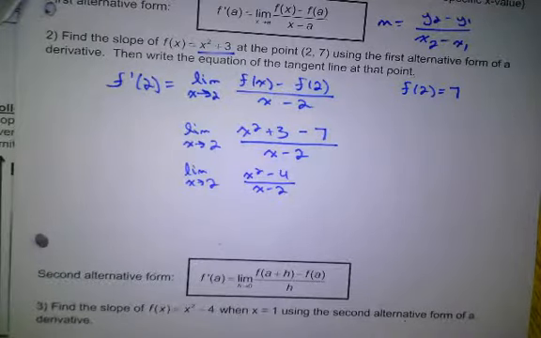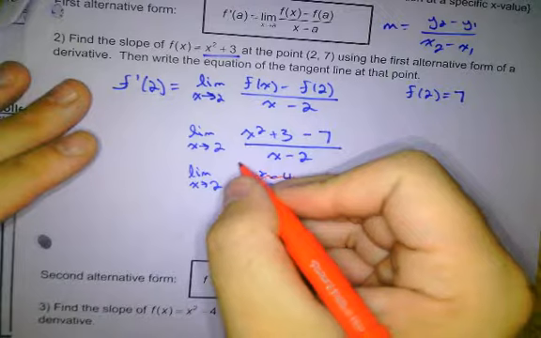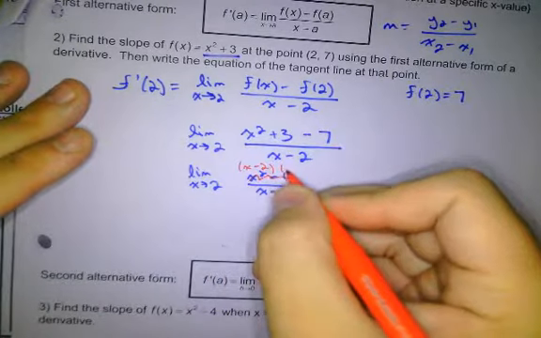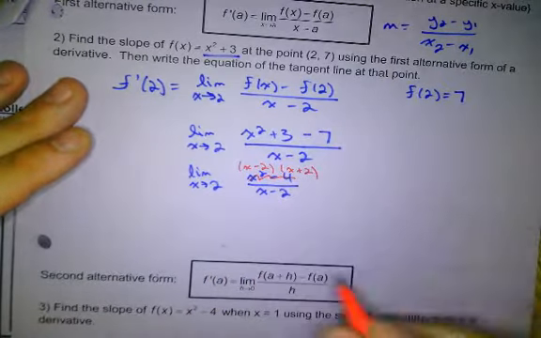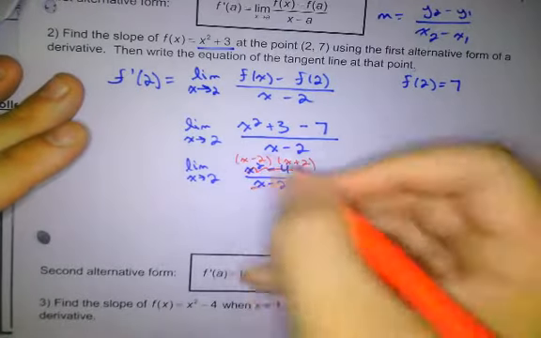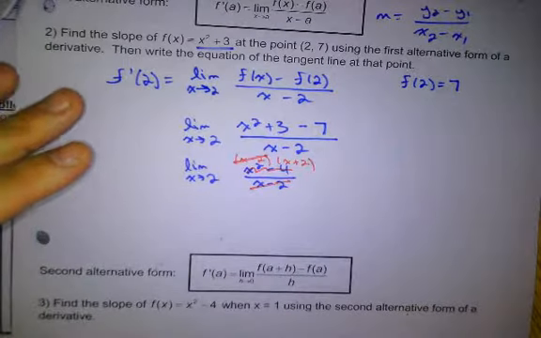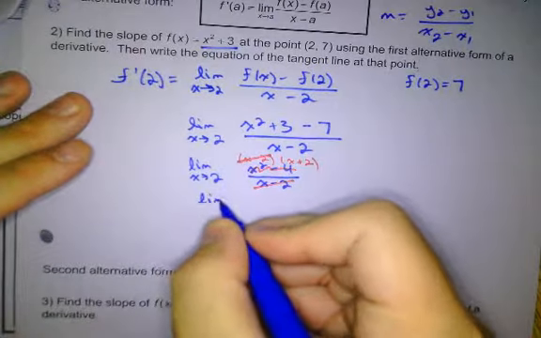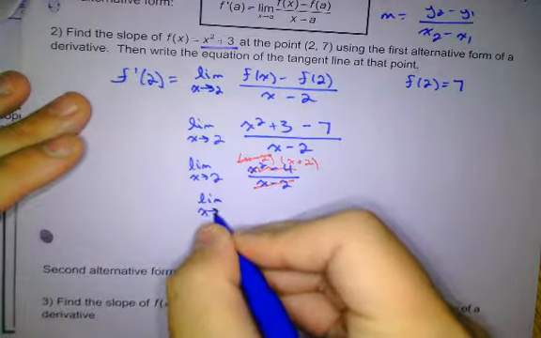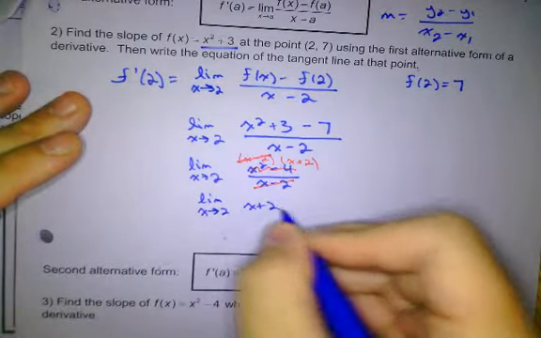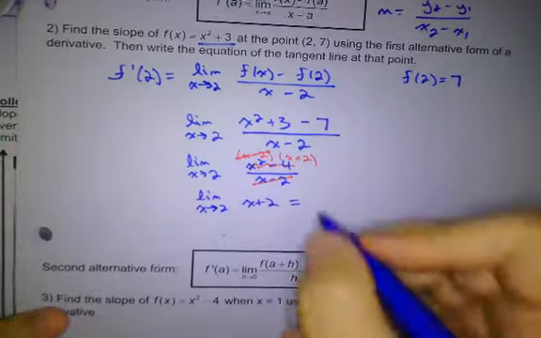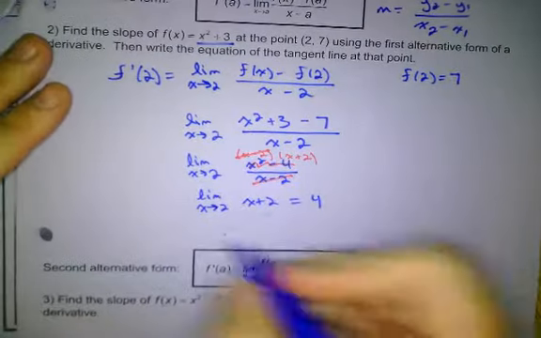Because I can't plug in a 2. What happens when I plug in a 2? You get 0 over 0. That's not cool. So this becomes x minus 2, x plus 2. So what happens now? Cancels out, and we're left with the limit as x approaches 2 of x plus 2, which is equal to 4.